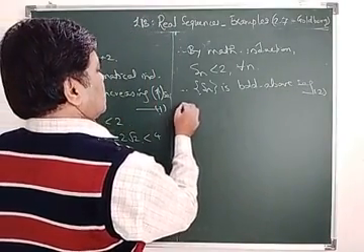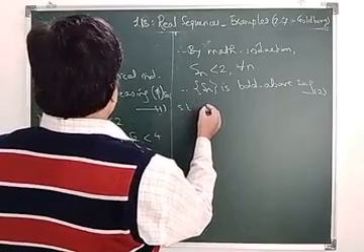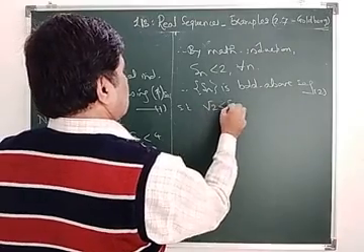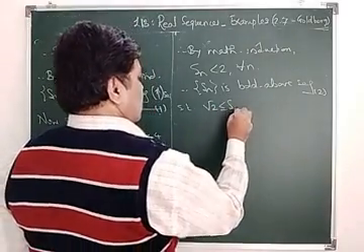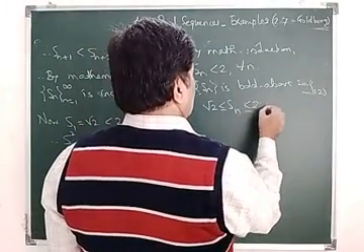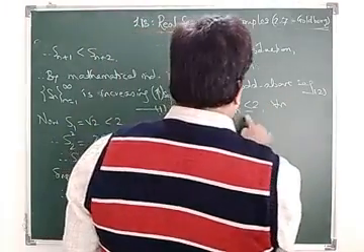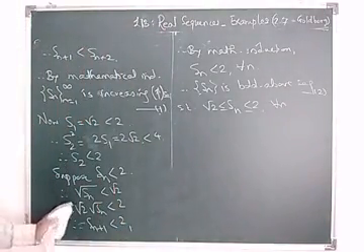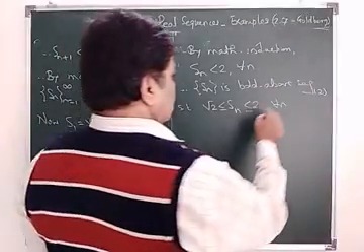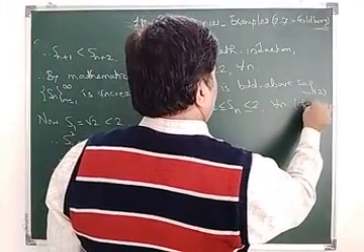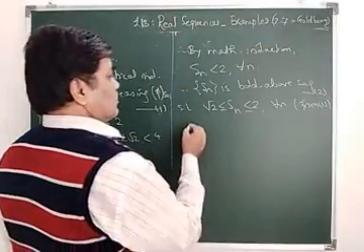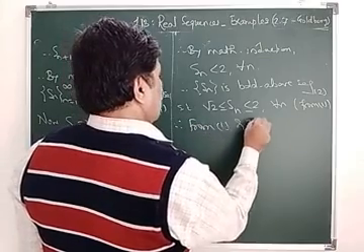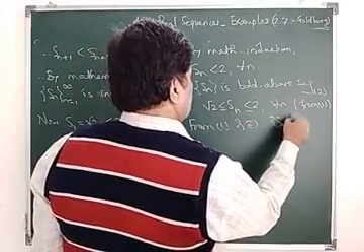Root 2 is less than or equal to Sn, which is less than 2 for all n. So all Sn lie between root 2 and 2. Sn is increasing from 1. So from 1 and 2, Sn is convergent.